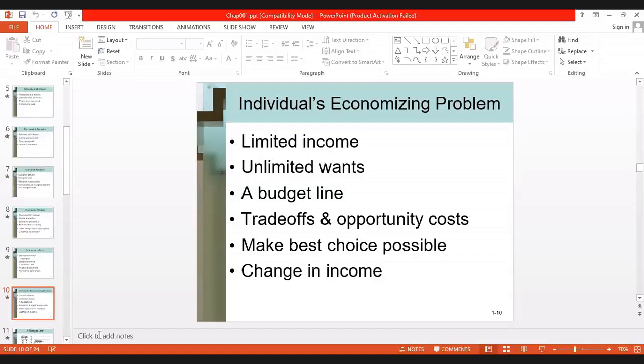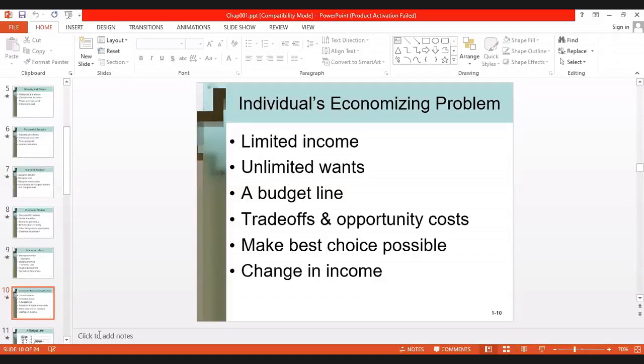We want many things, but we have limited income, so we have to make a choice. We can show our constraint, our limit. What are the goods or services we can purchase with the given income and the prices?